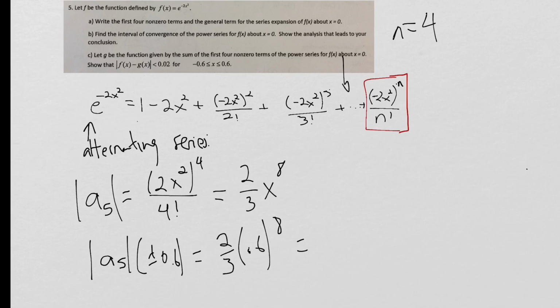And if I do that with my calculator, because I can't do that by hand, I get 0.011 to 3 decimals. Now, notice, they want me to show that it's less than 0.02. This becomes a ceiling on the error. So I know that my error is this or less.